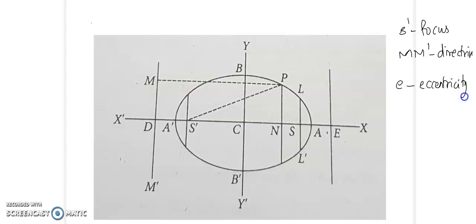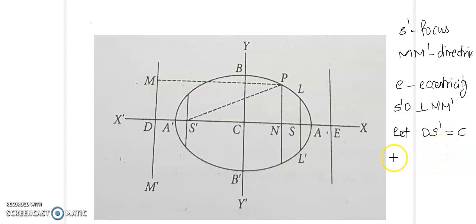From the figure you can see S dash D is perpendicular to M dash, and let me take DS dash equal to C. That's the perpendicular distance between the directrix and the focus.